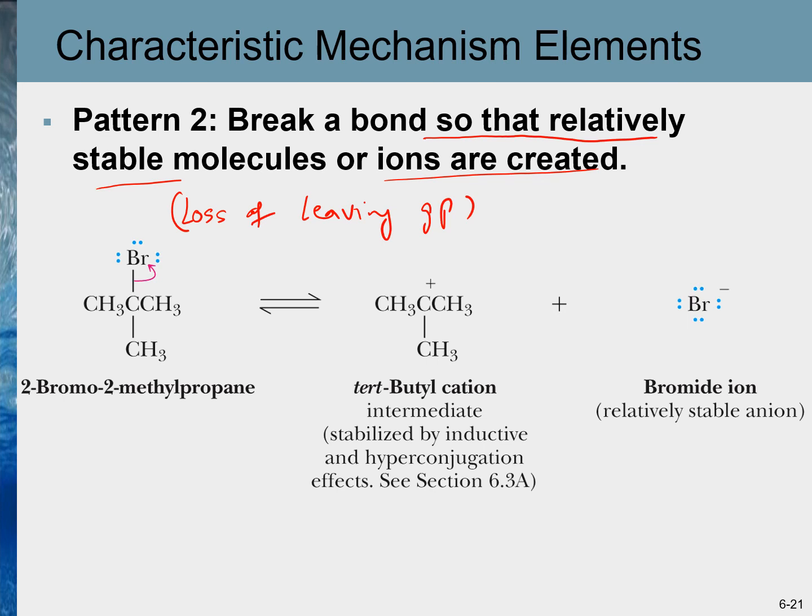For example, in this case, bromide leaves this alkyl halide. The reason is that bromide ion is a relatively stable anion because it's large and its electronegativity is relatively high, so it can hold this extra negative charge. So it's a relatively stable halogen ion. I call this pattern loss of leaving group.